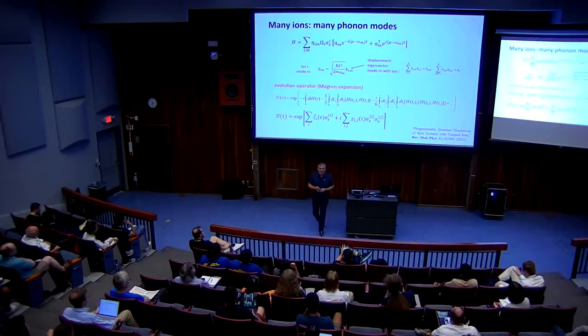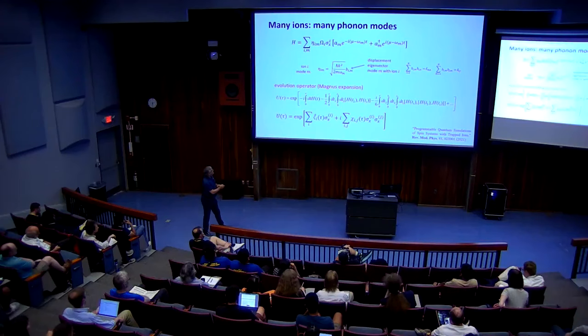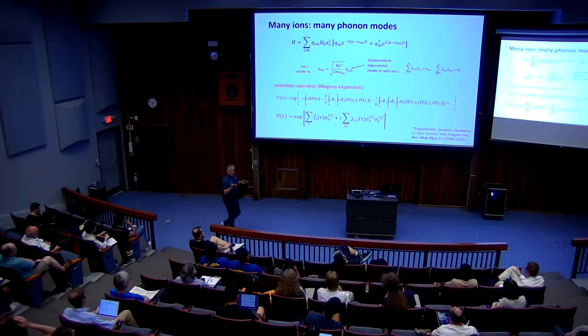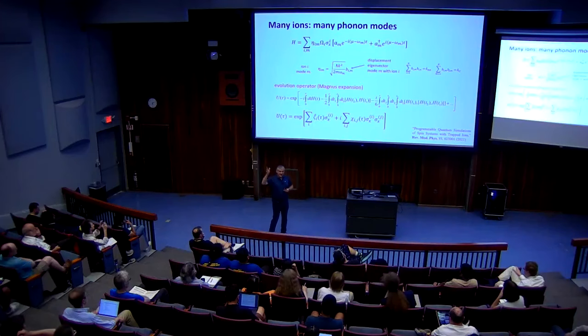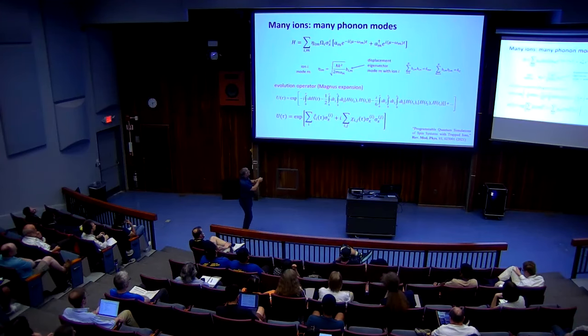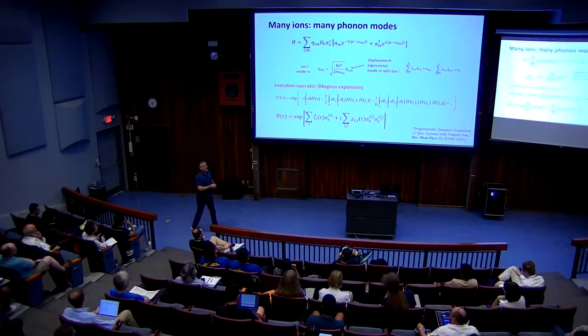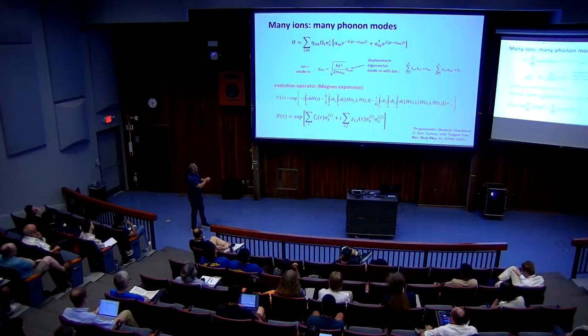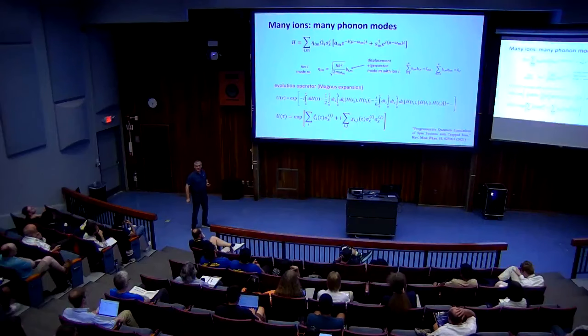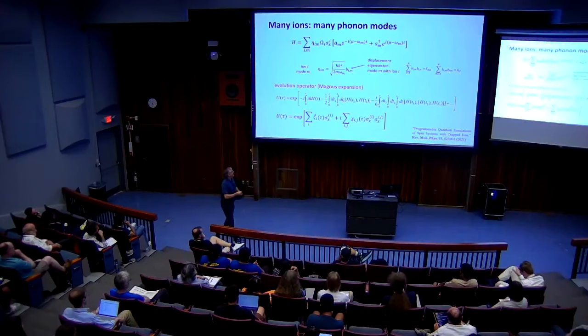I wanted to show this because there's some interesting algebra in this Hamiltonian. If you want to form the evolution operator of this Hamiltonian, in grade school we're taught that it's e to the iHt, but that's only if it's a time-independent Hamiltonian. This certainly is a time-dependent Hamiltonian. If you do something called the Magnus expansion, you have a fairly useless infinite expansion of commutators of H with itself at different times.